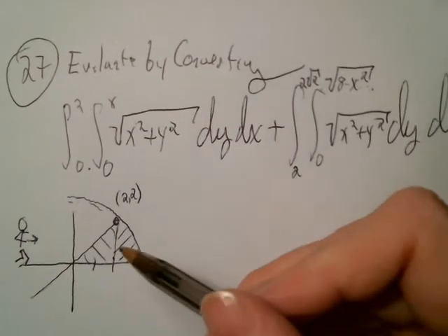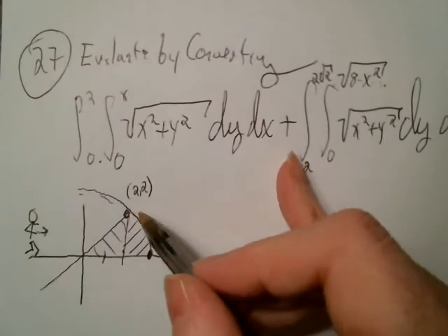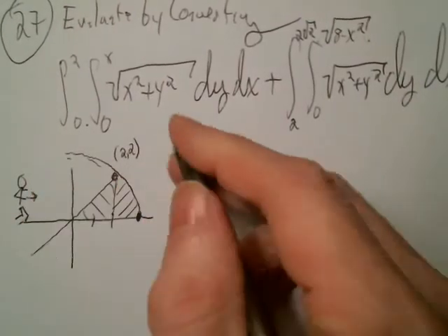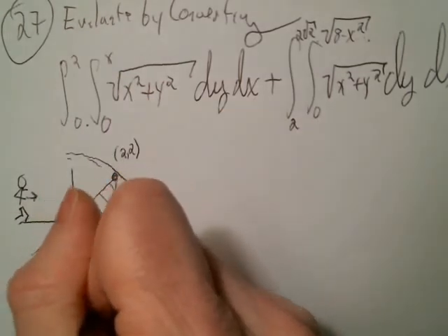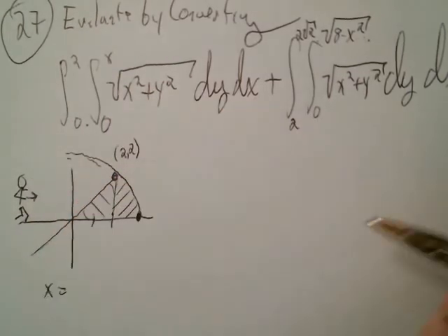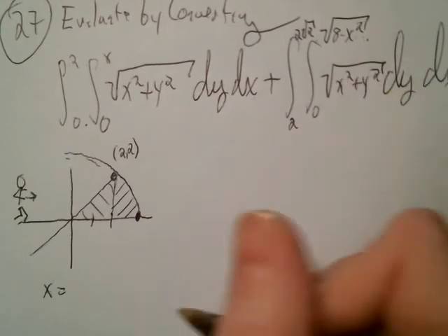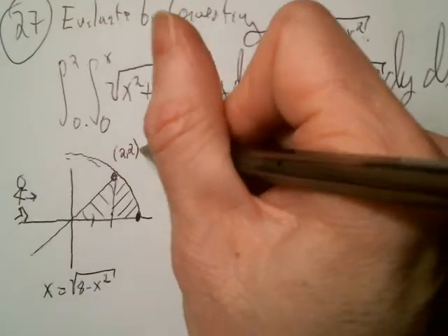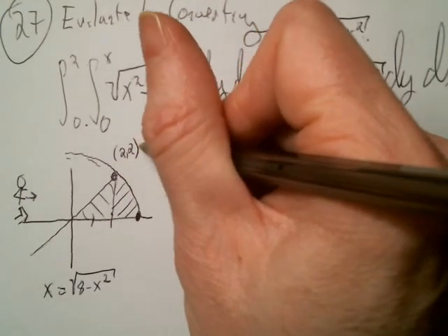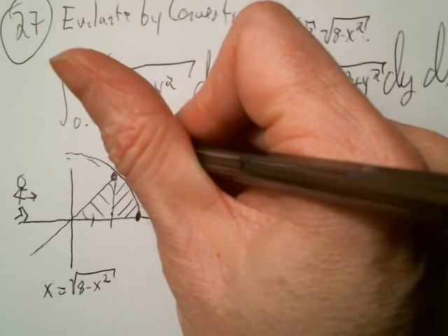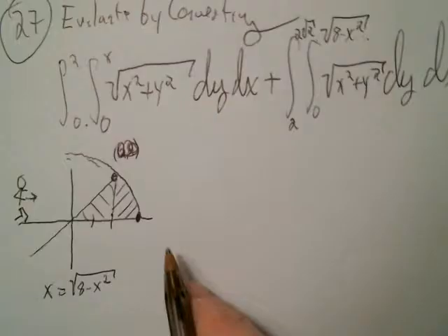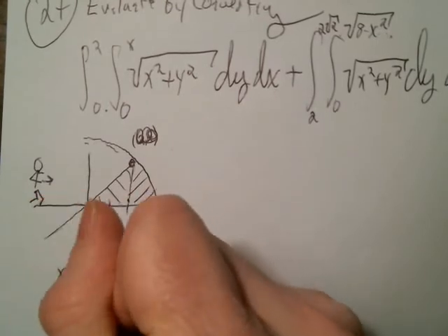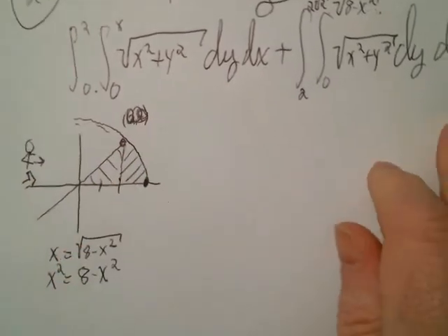And if you're not 100% on why these guys are intersecting here, well, you just set them equal to each other, right? So I'll have y equals x on one side, and then y equals square root of 8 minus x squared on the other. And this should be (2, 2). So let's do the algebra and we'll get it that way. Square both sides: x squared equals 8 minus x squared.